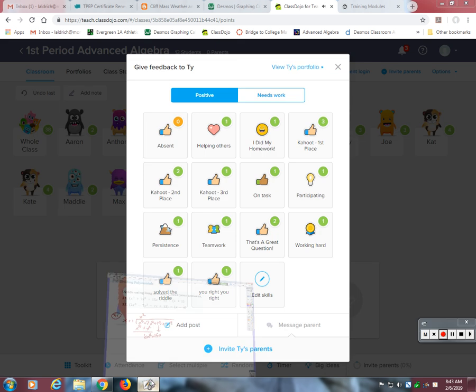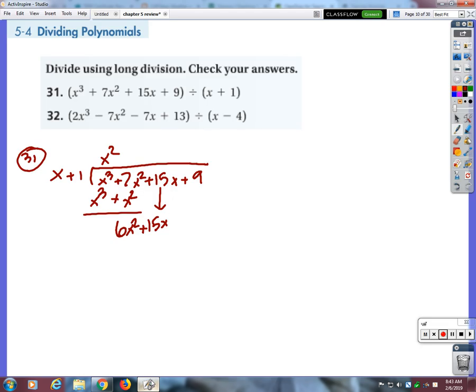Okay? Tie. What is 6x squared divided by x? 6x. Thanks, Tie. Then I take this 6x and multiply those two things by that. What's 6x times x? 6x squared. And what's 6x times 1?